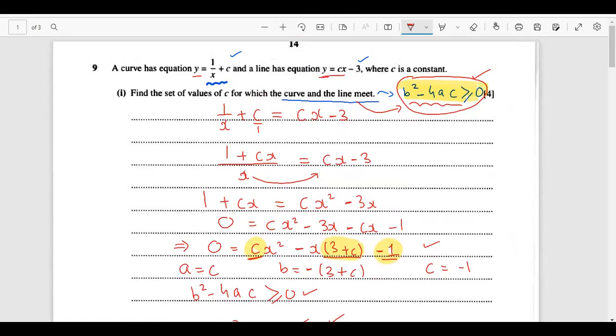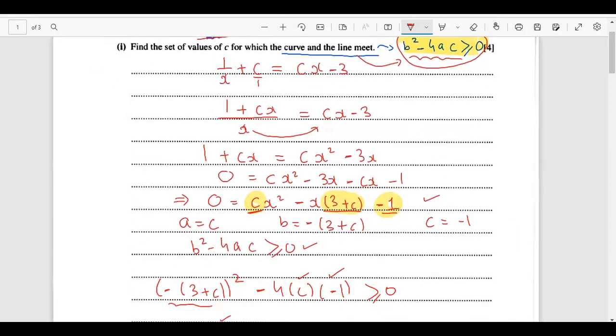All right, so this was the line and this was the curve. I combined them and this was my final equation. I'll write it again. Cx squared minus x into 3 plus c minus 1 equals 0.